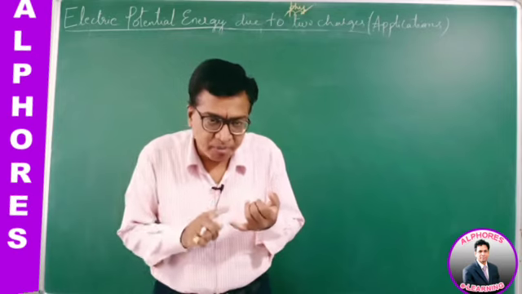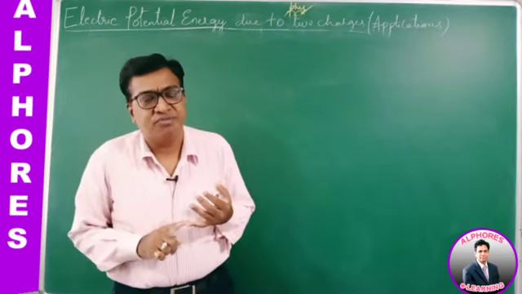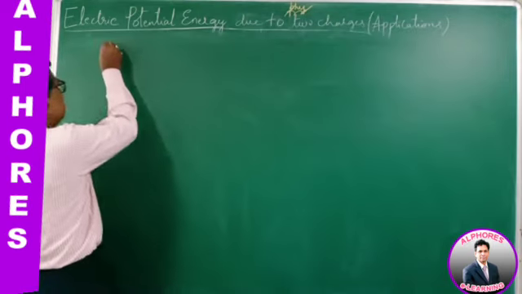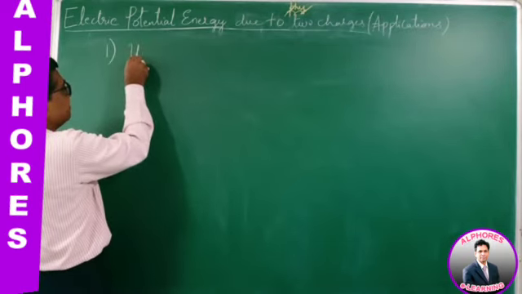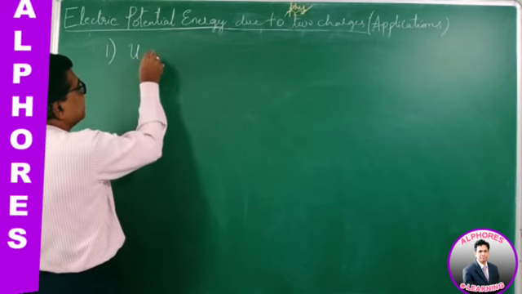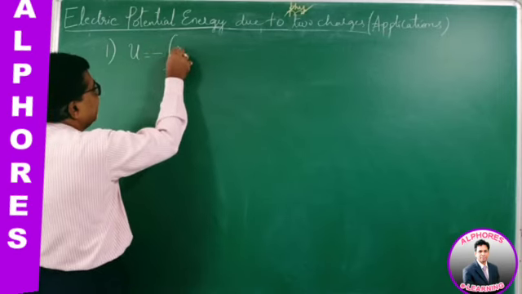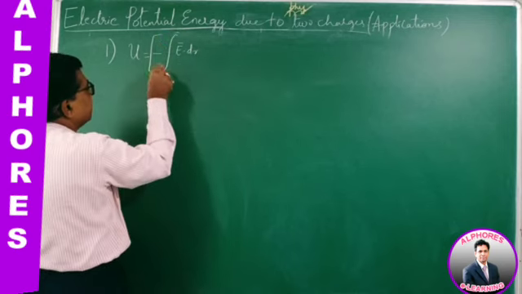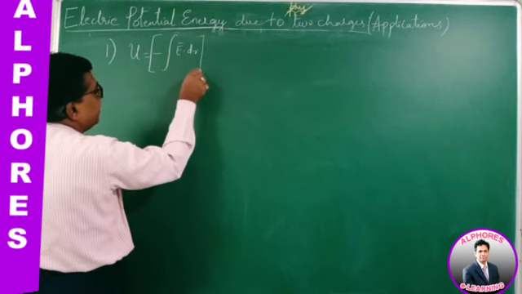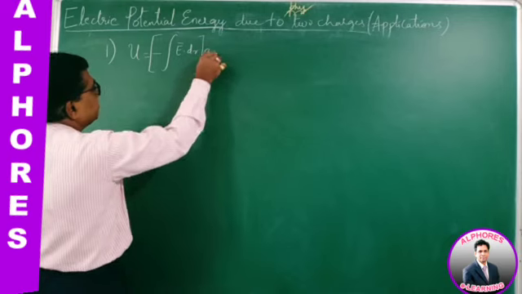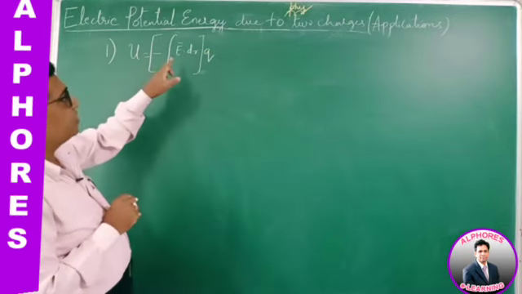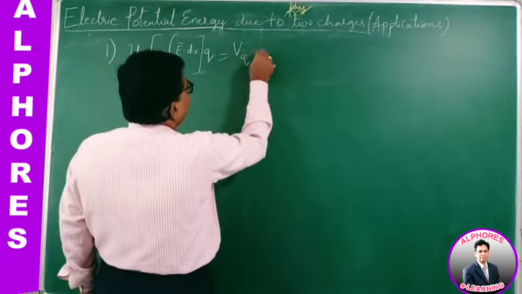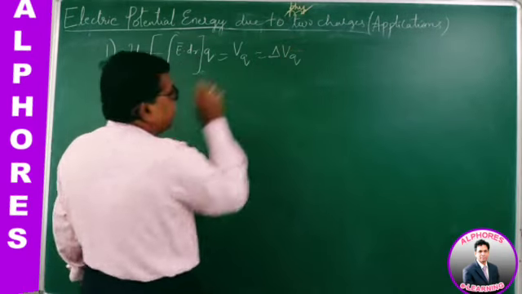So first, the potential energy of a charged particle in the electric field is minus integral E dot dr, from initial point to final point, into Q. This is the electric potential into charge, so this is nothing but V into Q, or between 2 points, delta V into Q.